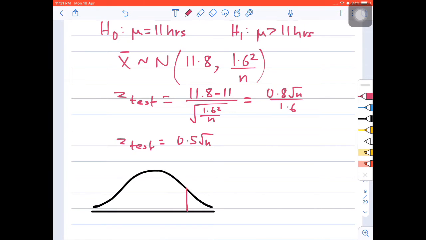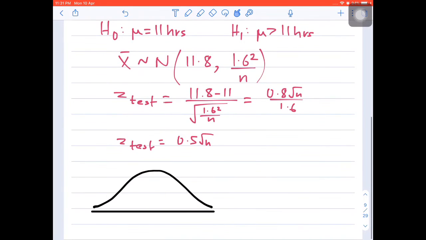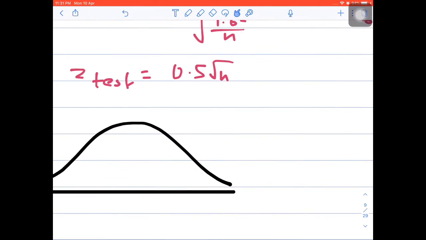Okay, so over here we have two possible regions. One is 2.5%, one is 5%. So let's draw this. This is the z critical value. This is the 2.5% level.